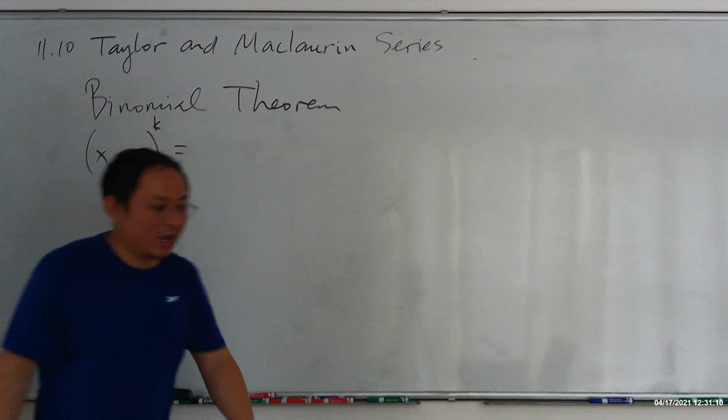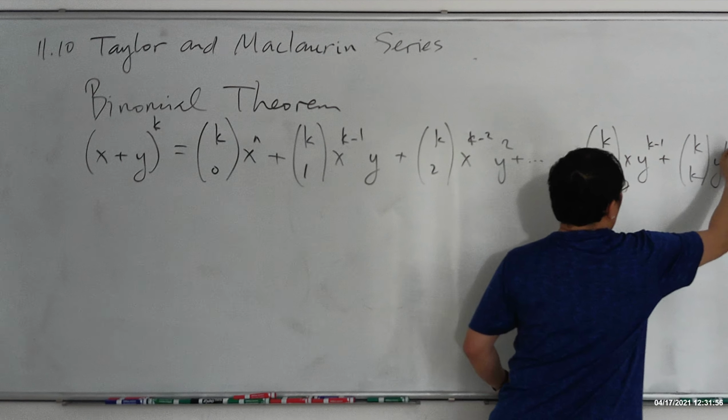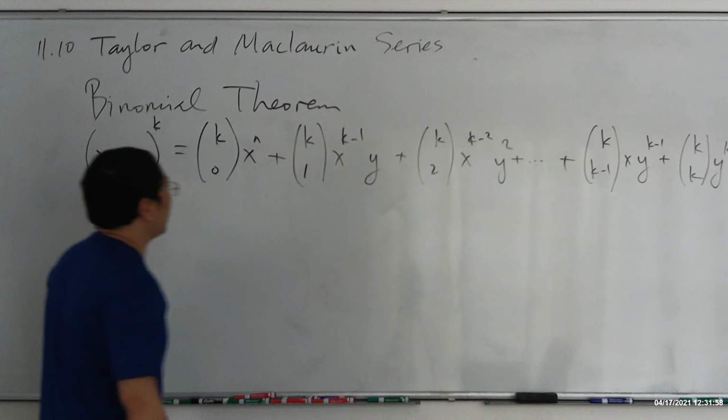The last term will be k choose k, and the term right before the last term is k choose k minus 1, x times y to the k minus 1, and the last term is k choose k, y to the k. Okay.